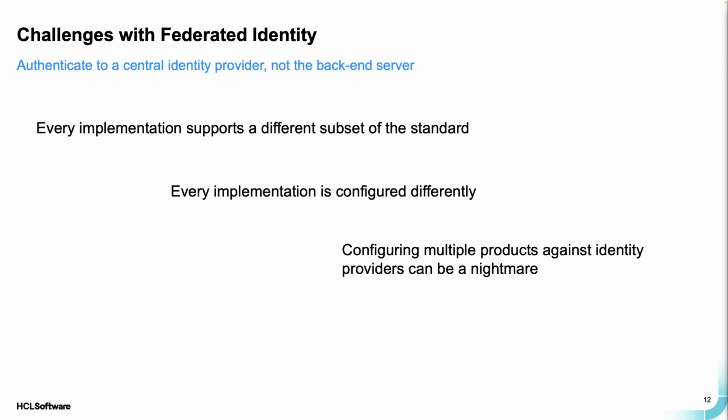You might need different configurations on your identity provider for those different services, just because they don't all support the same subset of the standard. And finally, you're probably still connecting to that identity provider with a password, and passwords are still evil, even if you have fewer of them.